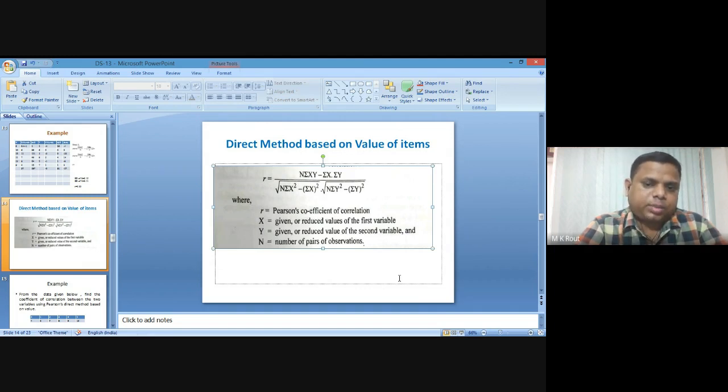Here r represents the Karl Pearson coefficient of correlation, x stands for given or reduced value of the first variable, y stands for given or reduced value of the second variable, and n stands for the number of pairs of observations.